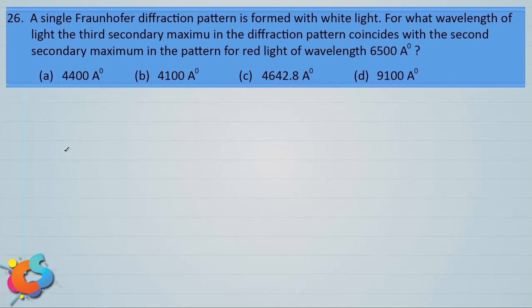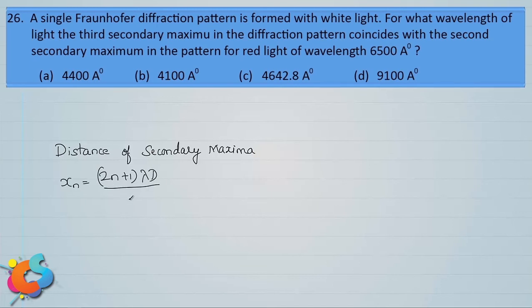So we know that the distance of secondary maximum from the center of the fringe pattern is given by x_n is equal to (2n plus 1) lambda D divided by 2d. Now, for third secondary maximum, the value of n is 3.